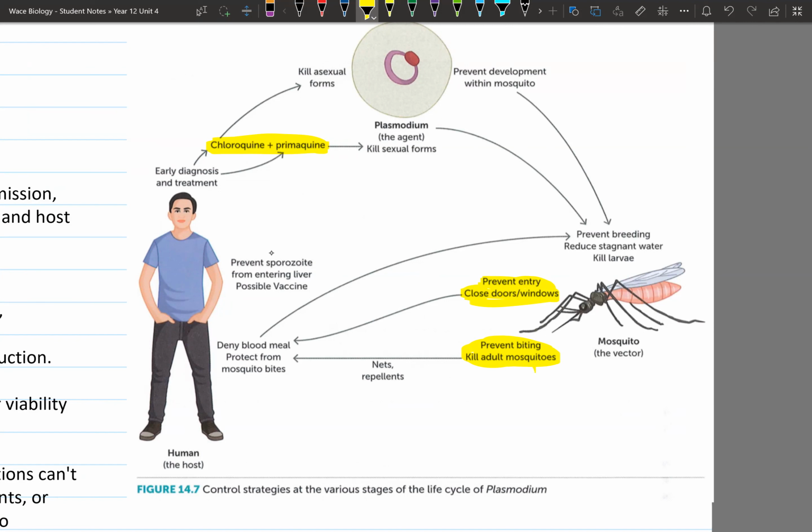One way or another, you're preventing the mosquitoes from biting you, by medicine or by physically inhibiting mosquitoes in your daily life. Basically, denying a blood meal protects from mosquito bites. Okay, you immediately stop the cycle.